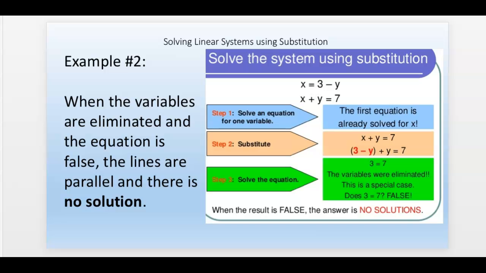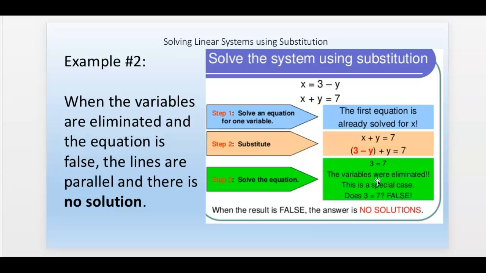Guys, if you substitute in and you're solving for the first variable, and the variable disappears, and you get something like 3 equals 7, something that's a false equation, sometimes this happens.